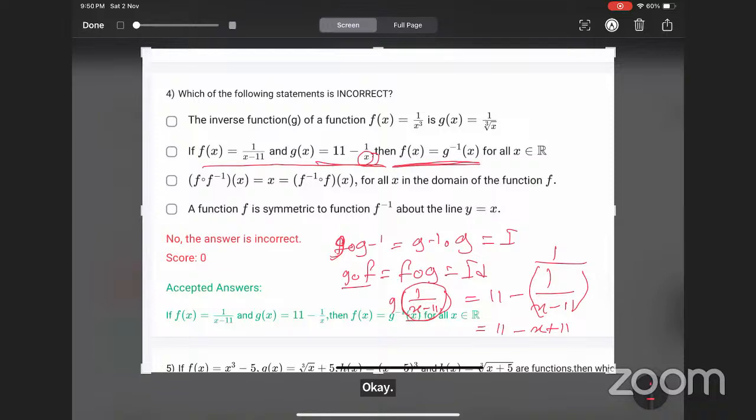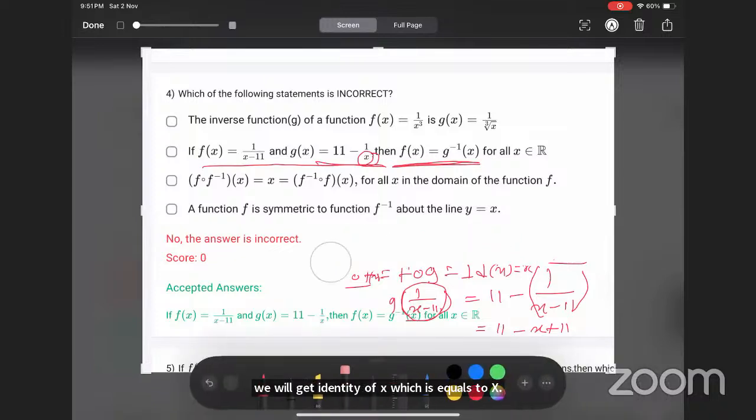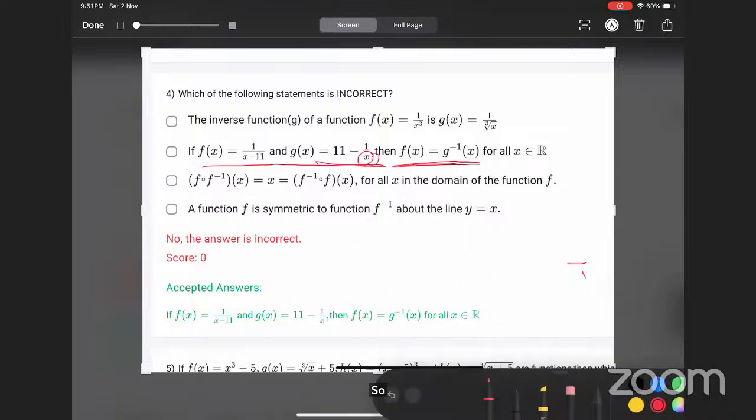Hence this is the correct answer, because we need to collect the incorrect options. We have to prove that it is equal to x. Identity function means if we take x here, we will get identity of x, which is equal to x. So if we get x there, then the option will be correct.